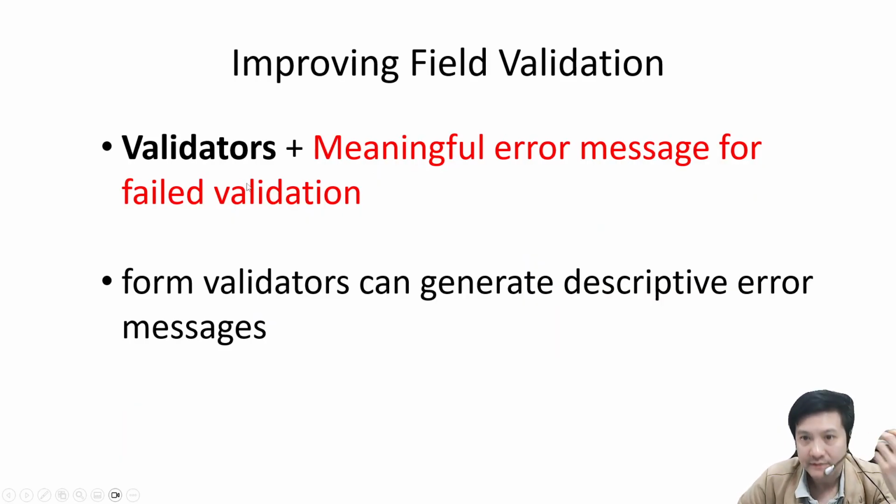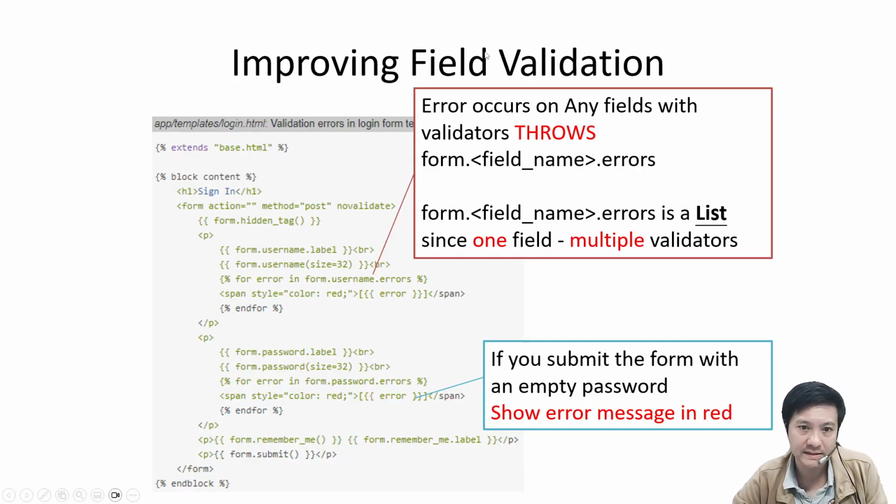And the raw data, together with a meaningful error message for your validation fail case, and then you can have a lot of raw data combined with the error message and description to instruct your user to use your system in the proper manner. And here is a lot of types of raw data. But after you get an error, we will have this syntax, using a for loop, a for each loop.